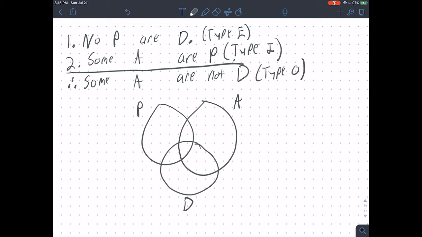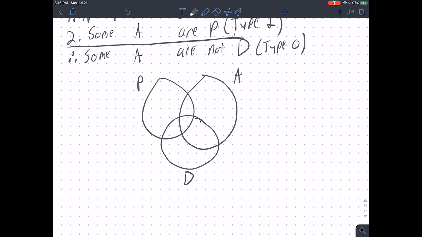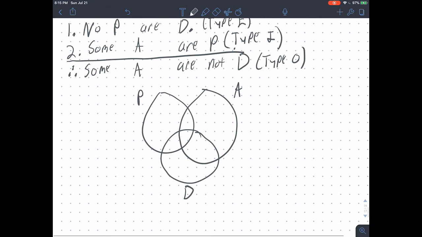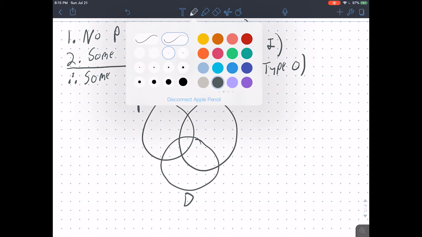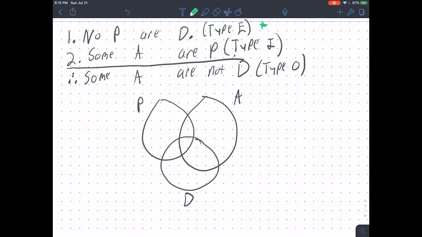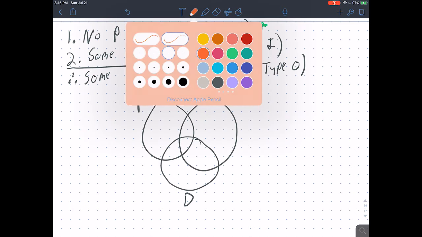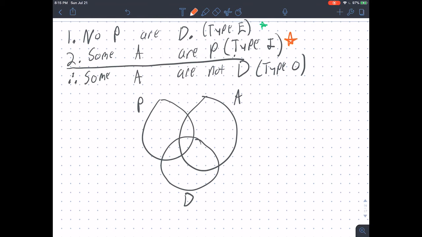So remember, we shade or mark our premises. We have to shade type A and E sentences before we mark the other types. So always shade first, right? And we do not mark our conclusion. So this will actually go in order, because the first premise involves shading, and the second premise requires marking.